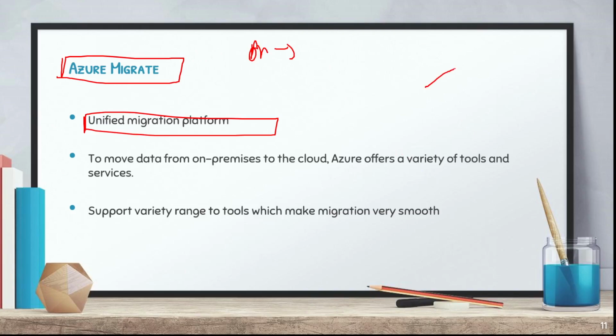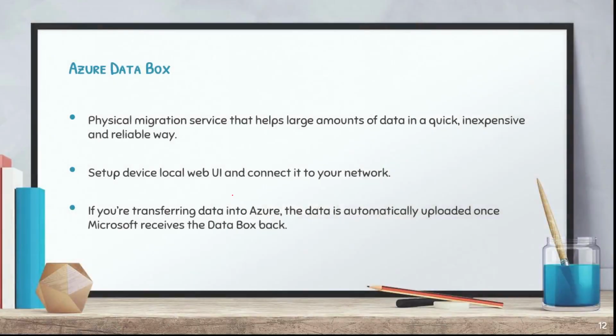If you want data transferred at an optimal cost, more securely, faster, or more efficiently, Azure says we have multiple services, just use them, and by that you can easily migrate your data from on-premise to Azure.